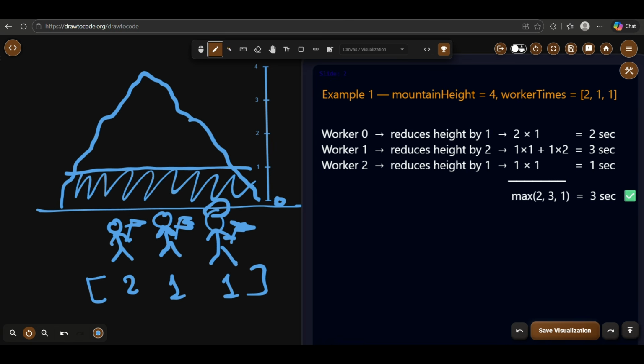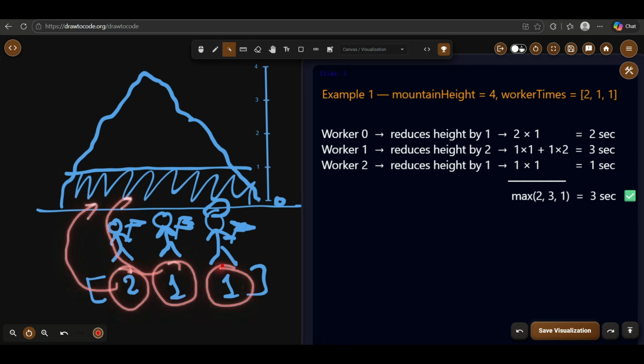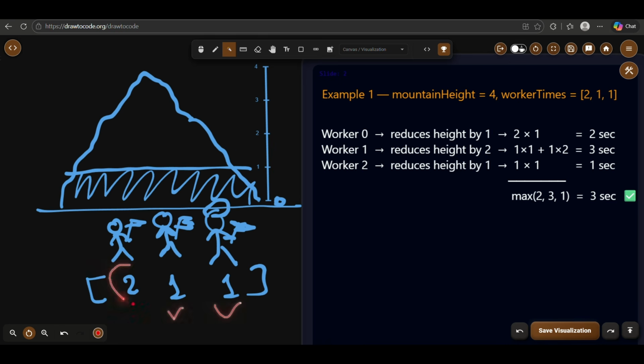To chop this, it will take 2 seconds. 1 second to chop this unit of part, and 1 second to chop this unit of part. So the most efficient workers are these. This one is inefficient because it takes 2 seconds to chop 1 unit of part. Hope you understand this.